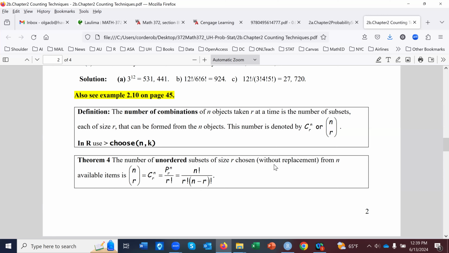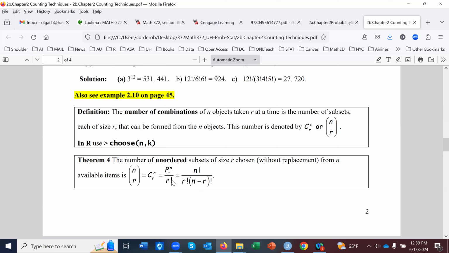The without replacement is important because if I replace, that's a whole different story, right? Imagine choosing the 2 letters from those 4. If I always replace them, then I don't have the same number. I have more if I replace them. So the number of unordered subsets of size r, choosing without replacement from n, is n choose r.